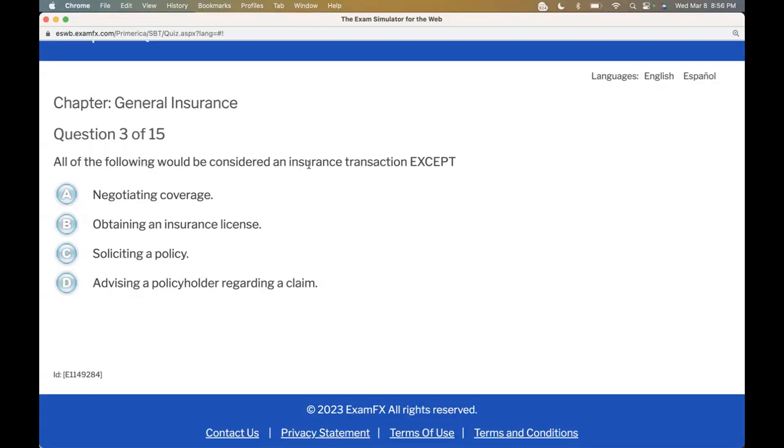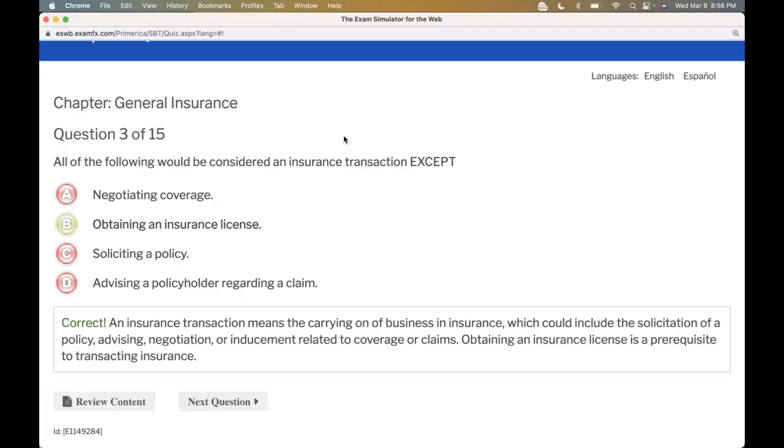I'm gonna go with B. You're getting a license, right? There's no transaction there. You just got a license to be able to sell insurance, to be able to transact. So obtaining a life license is not a transaction. Okay. That makes sense now, right? Yes.